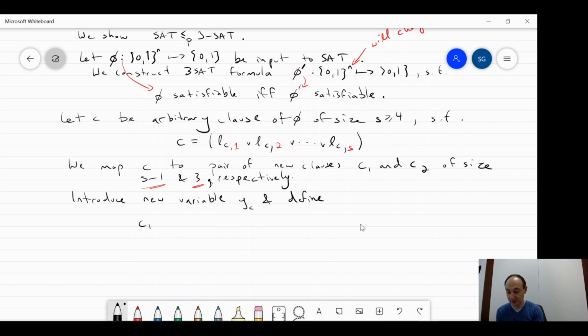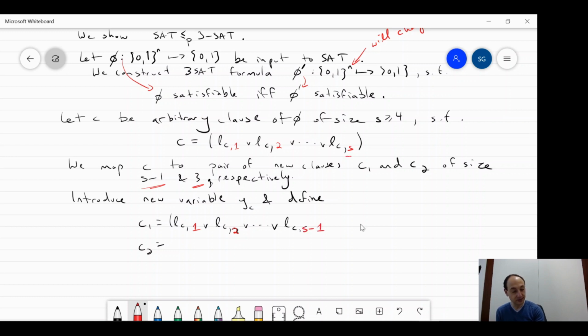We're going to have C1 and C2. So what I'm going to do is take the first literal L_C1, or L_C2, and now I'm going to strip off basically the very last one, meaning I'm only going to go up to s minus 1.